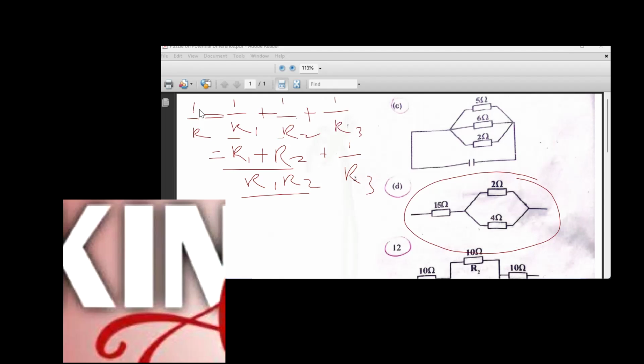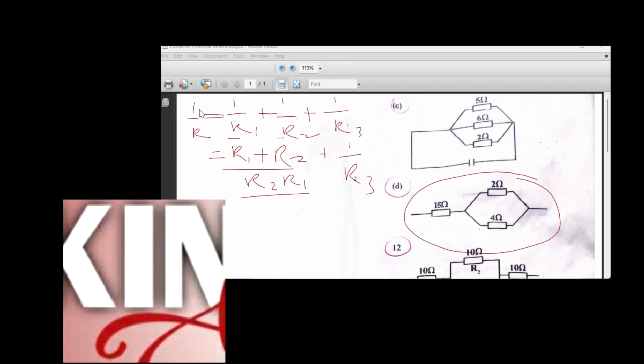R1 into R1 R2 is R2, while R2 times R1 is R1 R2. Then R2 into R1 R2 is R1. Are we correct?